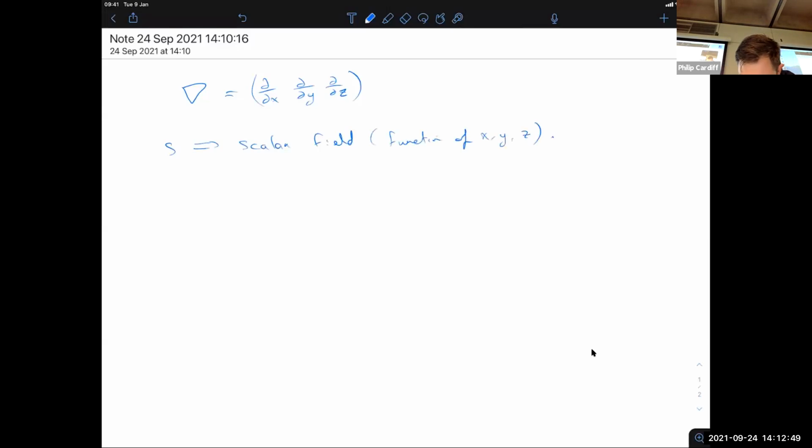So e.g. it could be temperature. And then maybe v, and normally in text you would have a bold for representing vectors, and tensors, which are a generalization of a vector. And so I might use v for a vector field, and it's the same, some function of x, y, z, e.g. velocity.